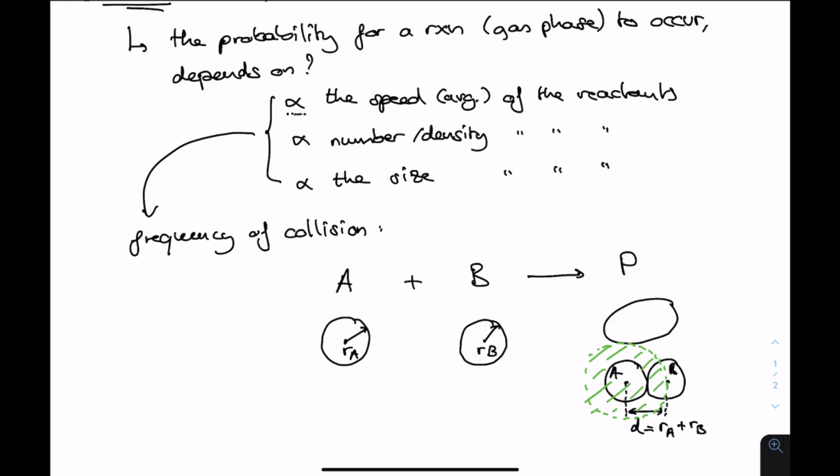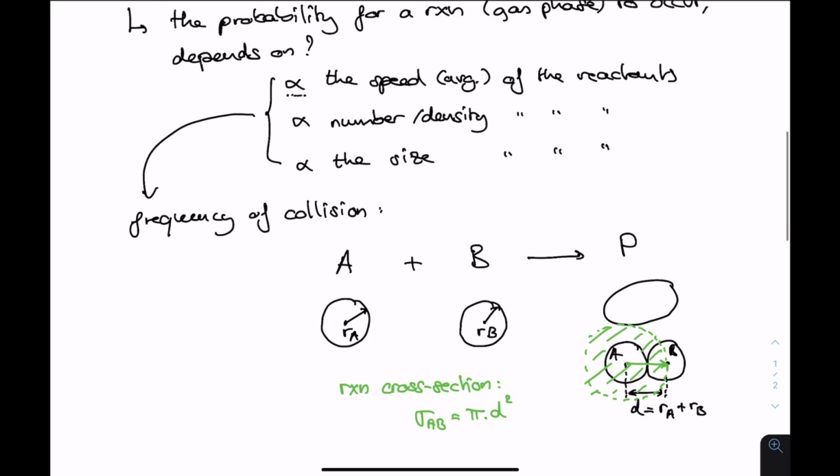So this green area, the reaction cross section, sigma AB, will be pi times d squared.